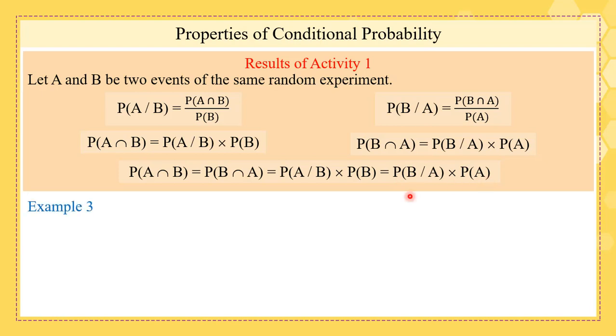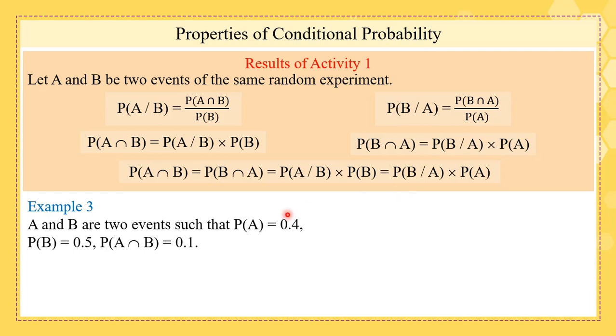Let's see some examples about these properties. A and B are two events such that P of A is 0.4, P of B is 0.5, and P of A intersection B is 0.1. The question is to calculate P of A given B and P of B given A. We have to see the relation that is going to be used. I think it's very easy. It's very clear that we're going to use the first relation.